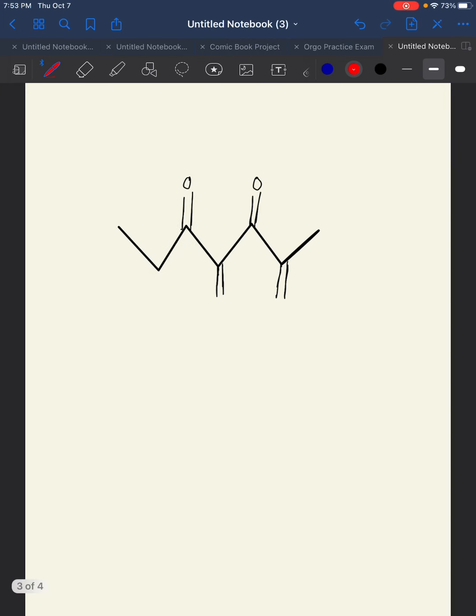So I pose a little question here to get you thinking in this mindset. Out of these two spots, which one do you think is the most electrophilic carbon? Well, let's think of this in terms of which one's less stable or which one's most electron deficient. We know this is an electron withdrawing group, and we know this is an electron withdrawing group.